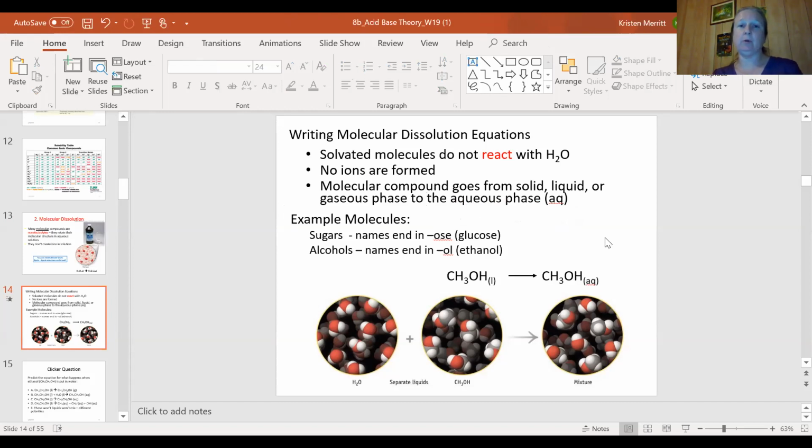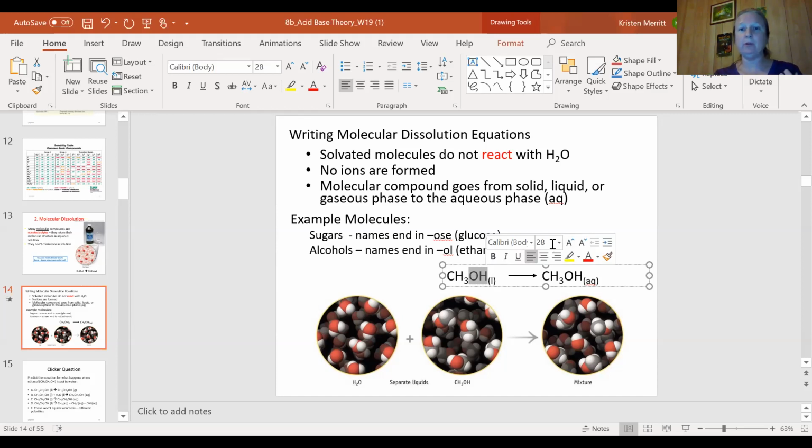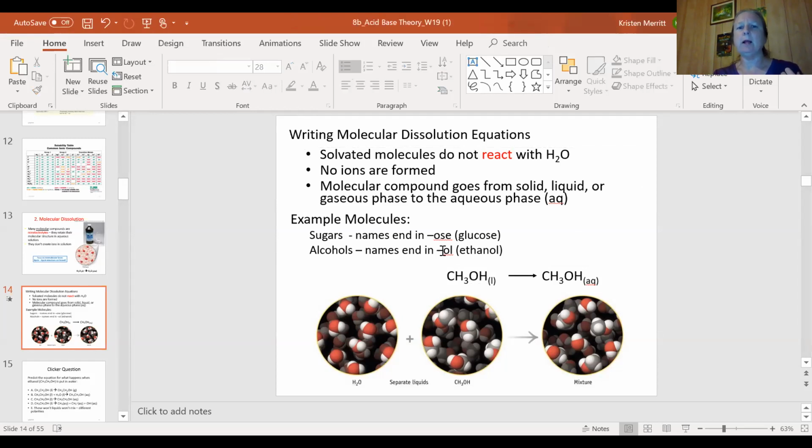Alcohol is the other one you're likely to get. Any name that ends in OL, and the molecule will end in an OH. That's our formula system for alcohols. We write them ending with an OH, and the name ends in OL.